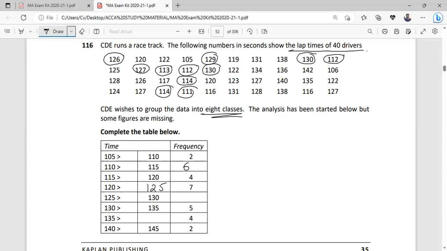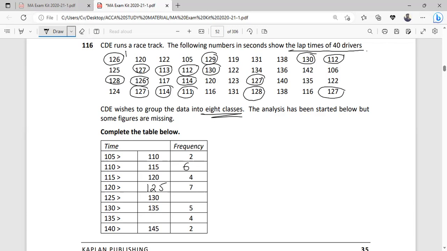Then we have this 128 sixth value, 126 seventh value, 127 eighth value, once again 127 ninth value, 120 tenth value, and 127 11th value.